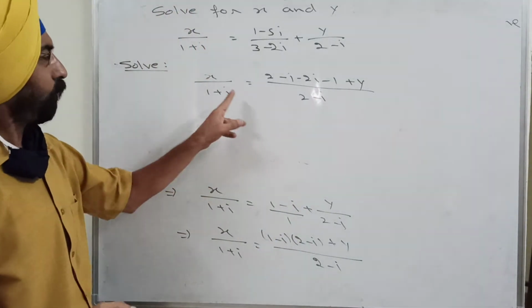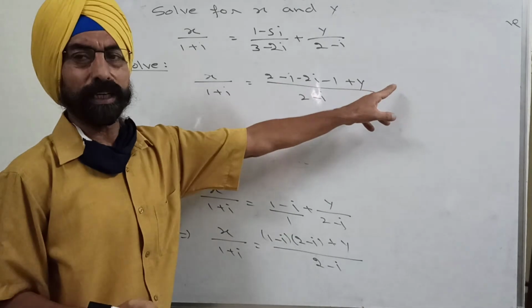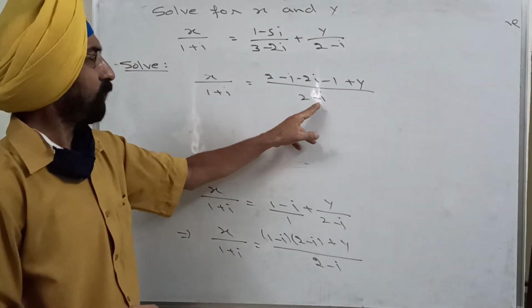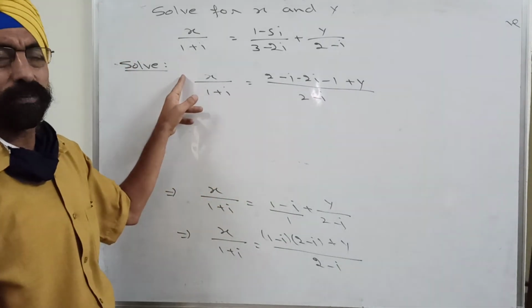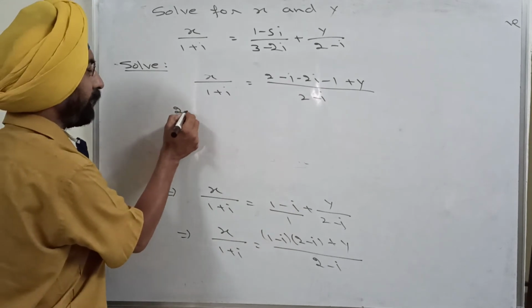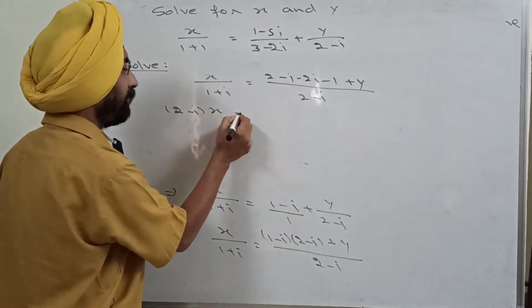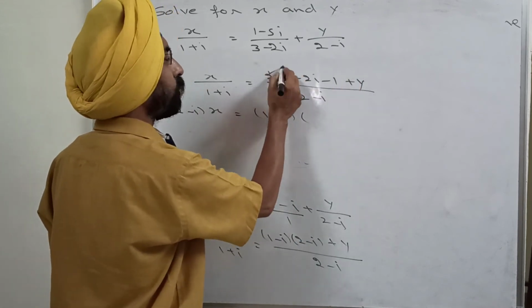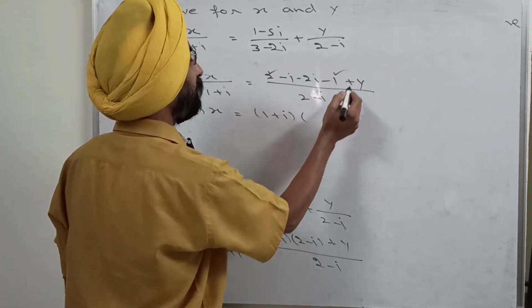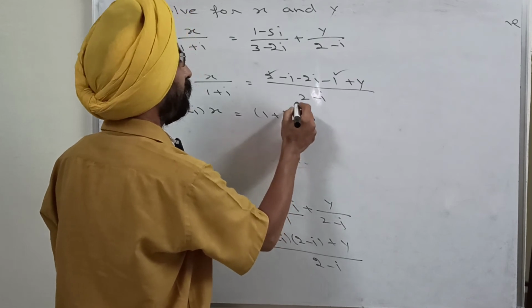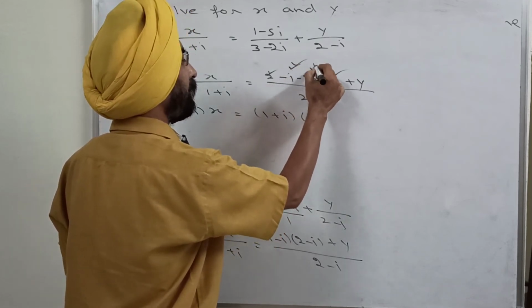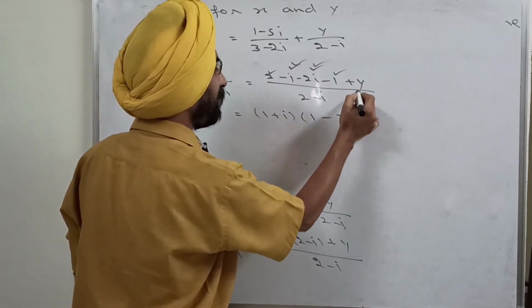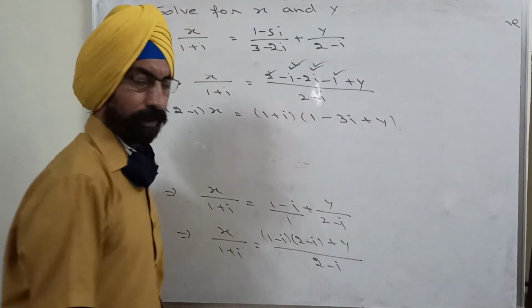So the final step now, this 1 plus iota I am going to take on the right hand side, and 2 minus iota I am going to take into the numerator of the left hand side. So it is 2 minus iota into x is 1 plus iota into, solving this you will get 2 minus 1 is 1, minus iota minus 2 iota is minus 3 iota, and this is y also here.